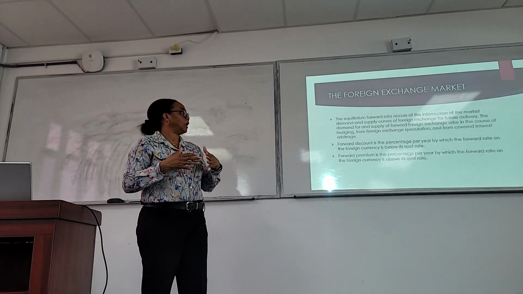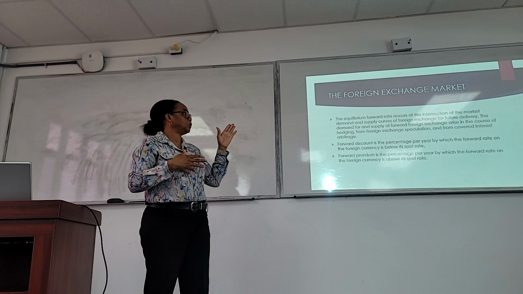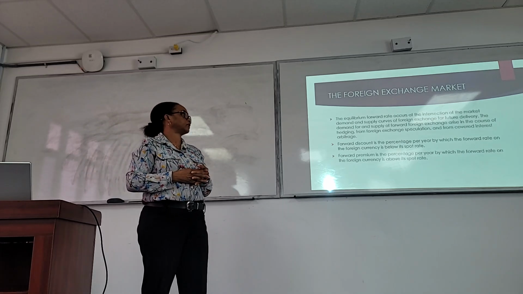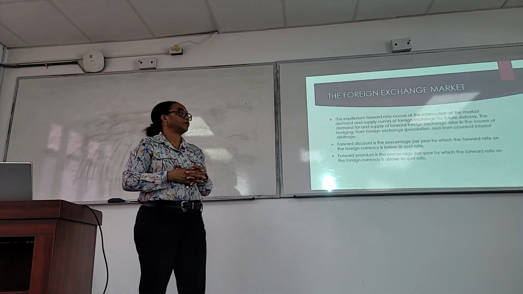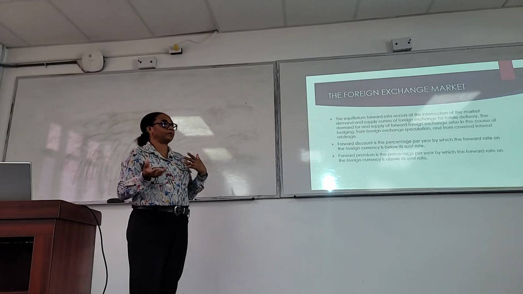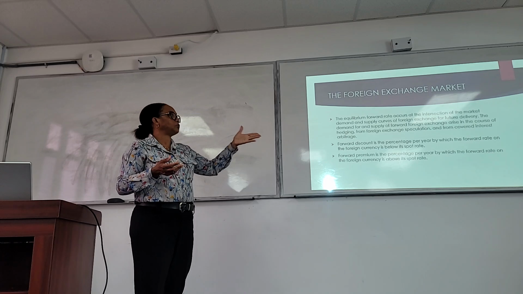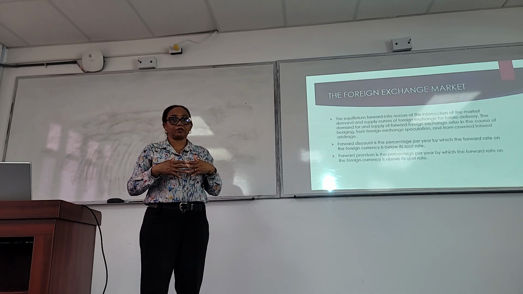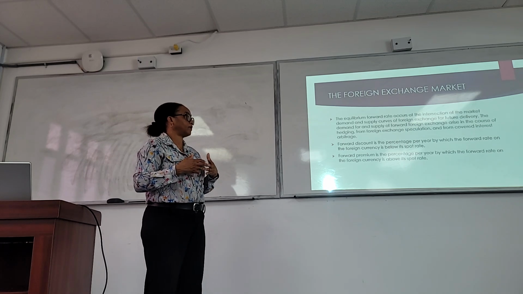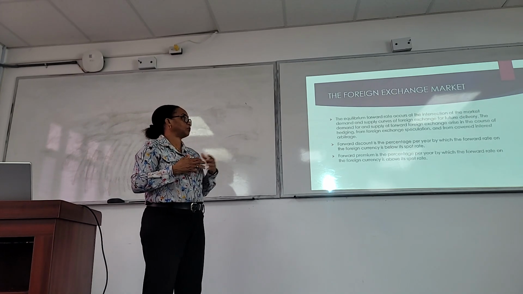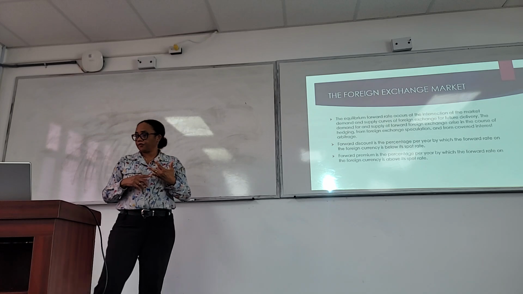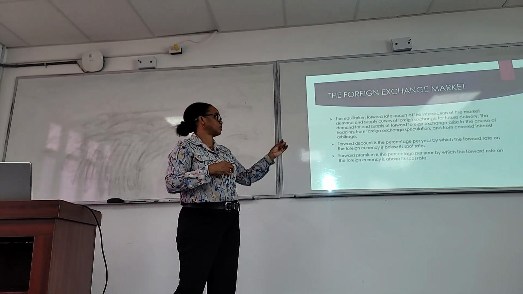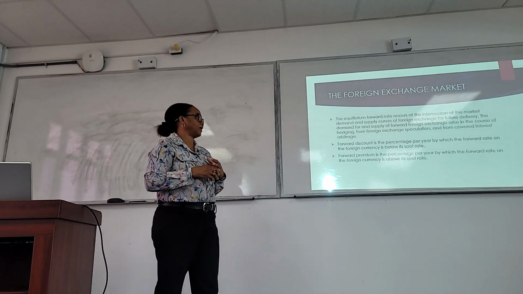Okay, so you hedge to protect yourself from foreign exchange exposure. There are some persons who are in the market, your arbitrageurs, who do hedging because of speculation, foreign exchange speculation. They're trying to make money. All right? And so you have forward exchange rates, you have forward discount rates, all right?